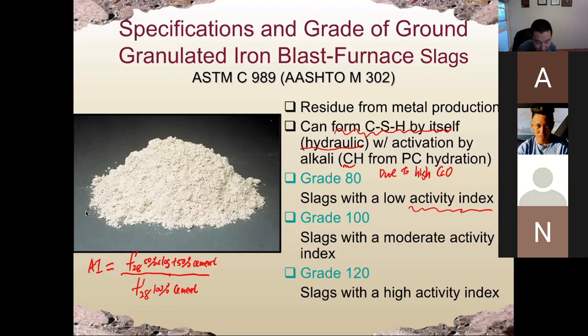So the higher the ratio of the sample with 50% of slag over the control sample, which is 100% of cement, the higher the grade. For example, grade 120 means the activation index is equal to 1.2 or 120%.